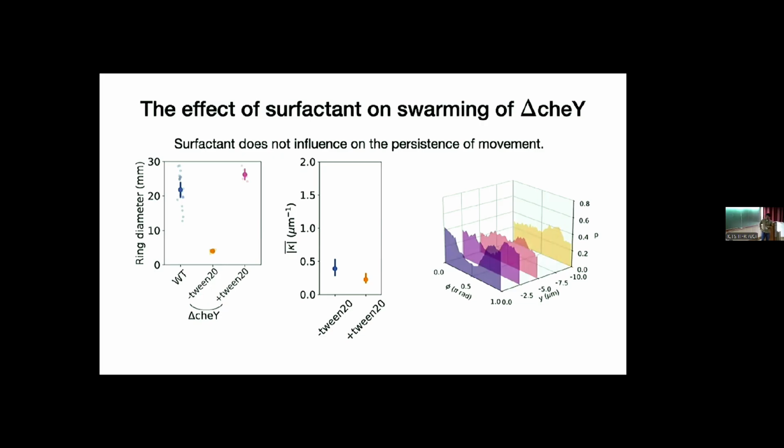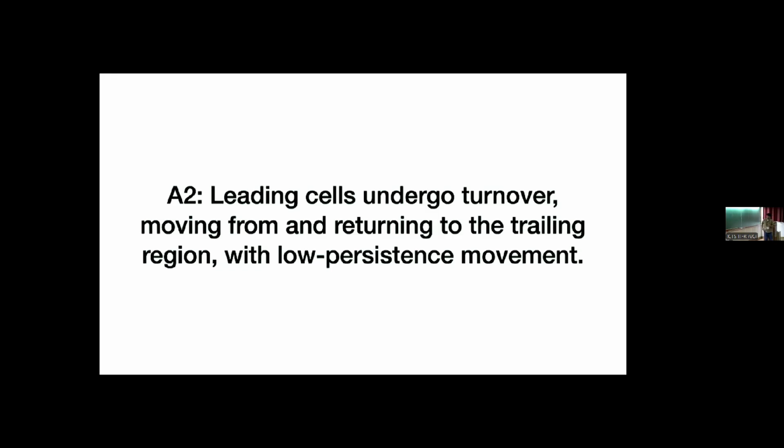It is roughly localized to 0 and pi radians, which correspond to the angle perpendicular to the direction of spread. So we conclude that the leading cells undergo turnover, moving from and returning to the trailing region with low persistence movement.